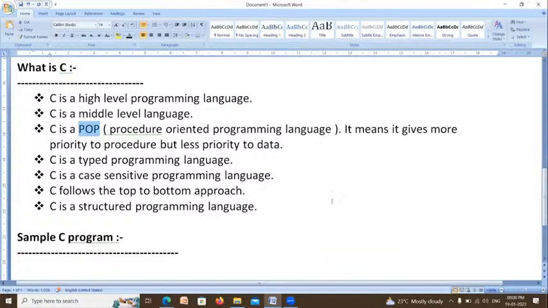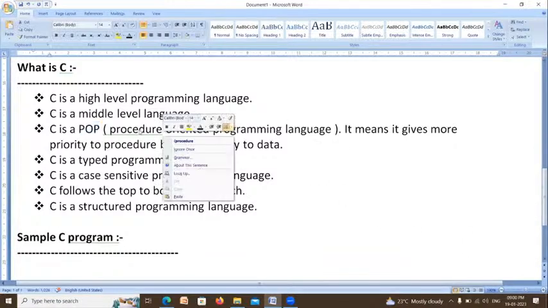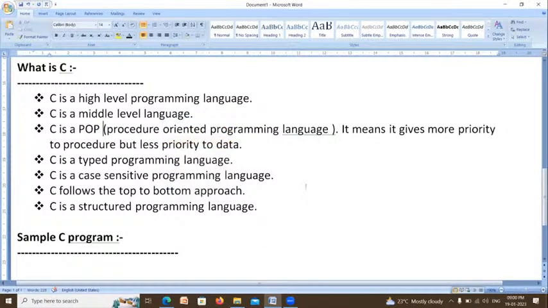If you complete the writing, then I can go to the next topic. So what is middle level language? There are two types of languages actually, high level and low level. In low level language, you have to write the total program using zeros and ones. You have to write the program in machine language.